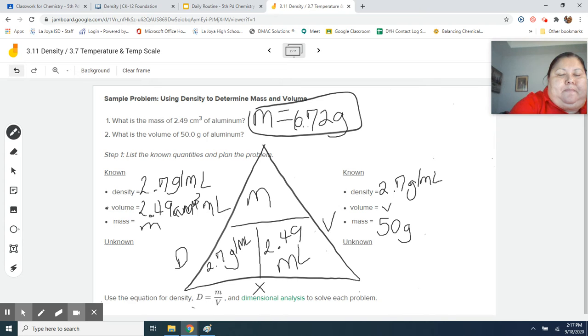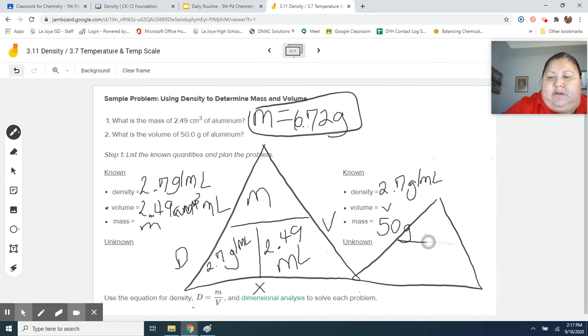Okay, all right, I can put it here. We're going to create our triangle. We're going to put the T in the middle. We know mass is always on top, so we're going to put our 50 grams on top. And then we're going to put our density in the same place that we put it earlier, on the left. And we're going to put V for volume.